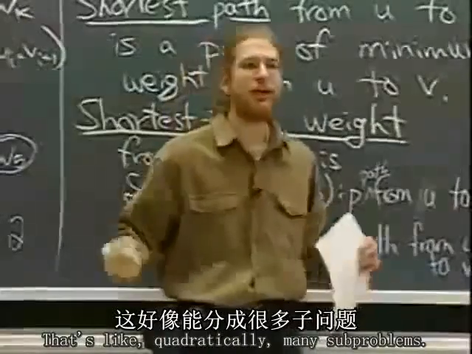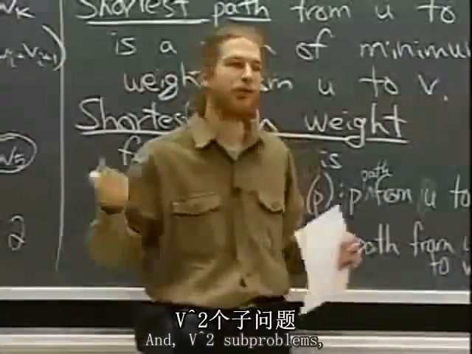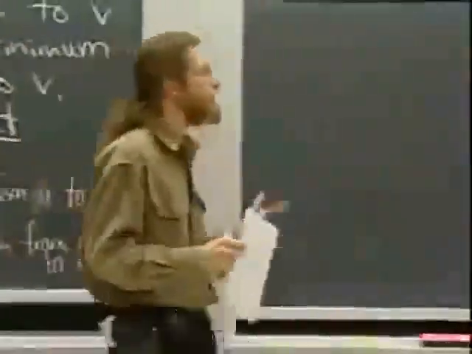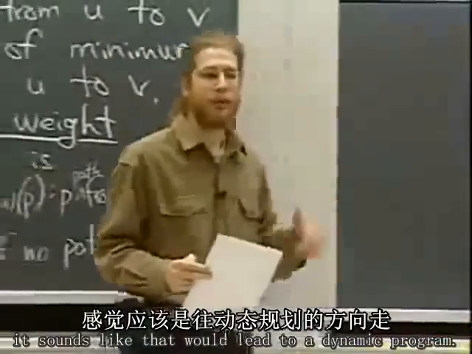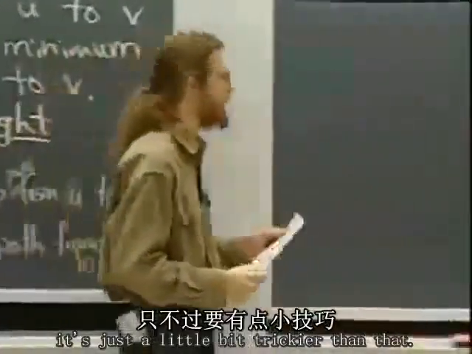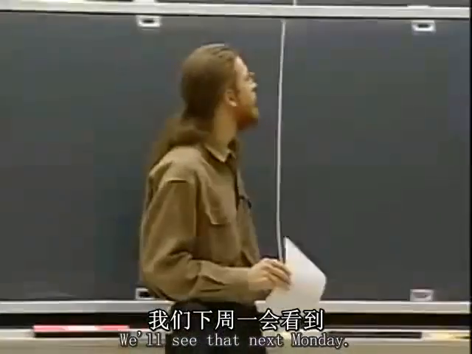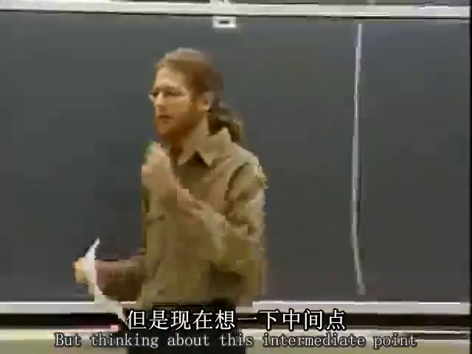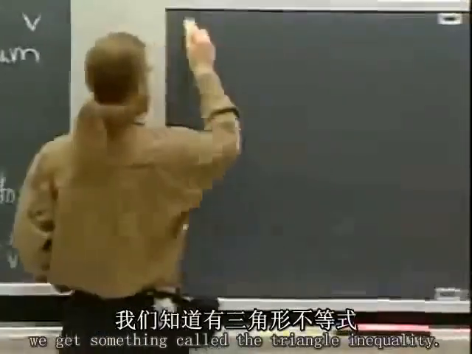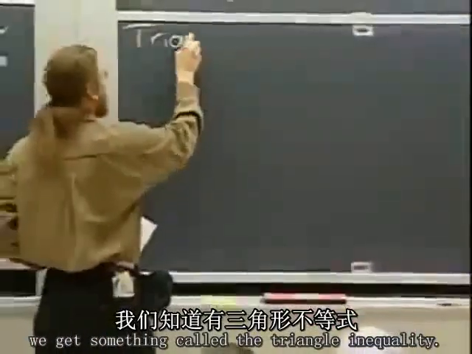That's quadratically many subproblems, V squared subproblems. Sounds like that would lead to a dynamic program. You can make it work out. It's just a little bit trickier than that. And we'll see that next Monday. But thinking about this intermediate point, we get something called the triangle inequality.